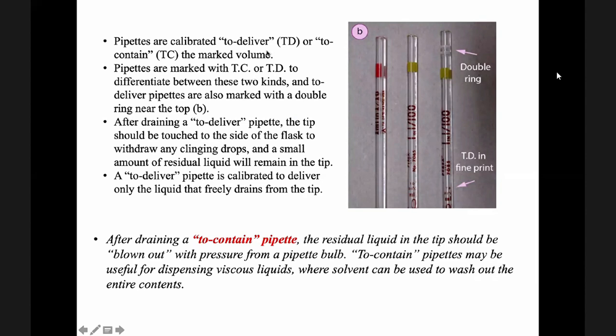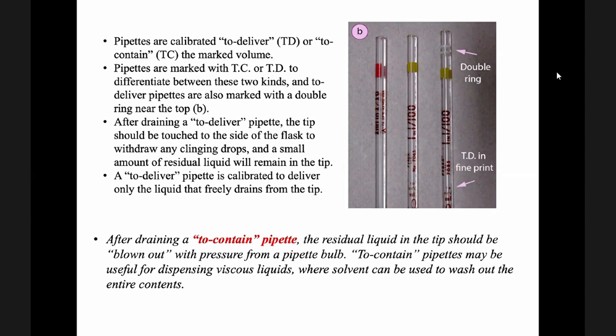Okay. Pipettes are calibrated to deliver or to contain, TD or TC. Pipettes are marked with TC or TD to differentiate between these two kinds. So there is a marking of TD in fine trim. So this one, to deliver pipettes, also take note, has a double ring at the top, plus a TD fine trim.